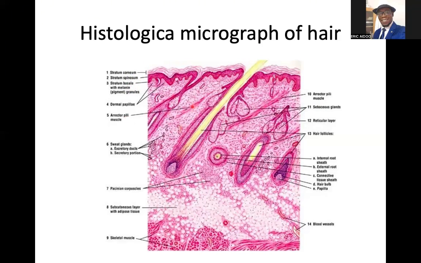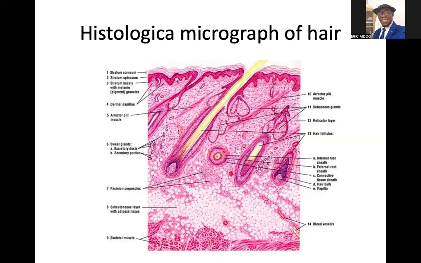The arrector pili muscle is represented here as well, sweat glands with their excretory duct and secretory portions, Pacinian corpuscles, which are usually found in the reticular dermis, unlike the Meissner's ones up there, and the subcutaneous layer with adipose tissue. So a lot of adipocytes are found there, and blood vessels also.